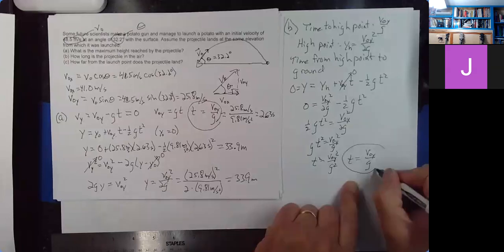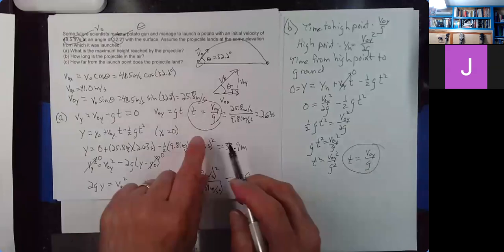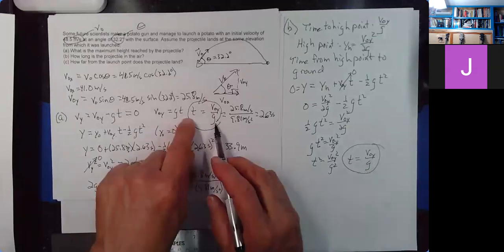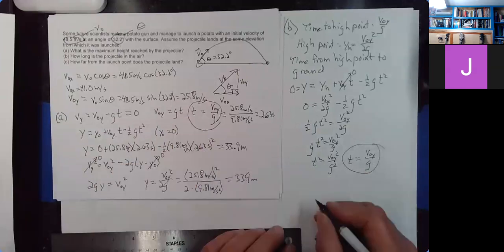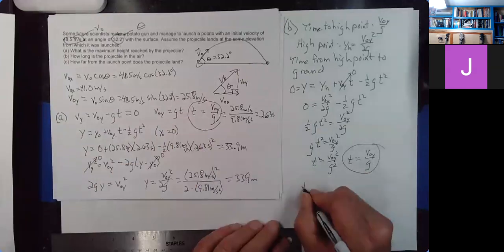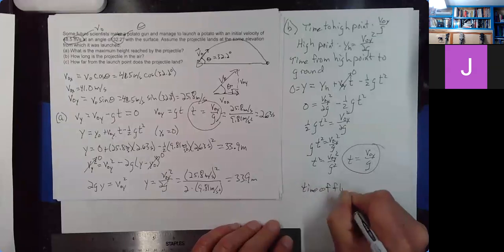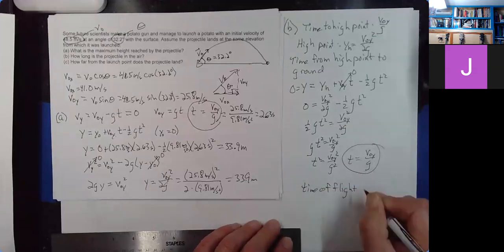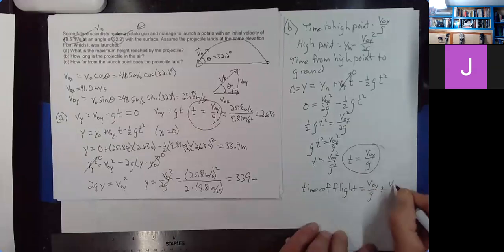Now, this is how long it spends on the way down. That was how much it spent on the way up. They're exactly the same. And so the time of flight is equal to the sum of those two. V naught y over g plus v naught y over g.